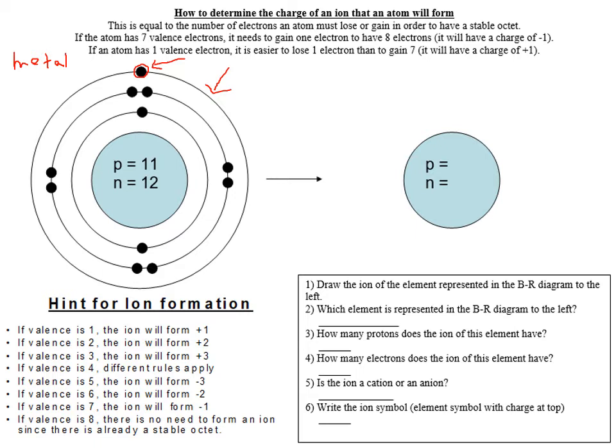So metals will lose an electron to become stable, to become like the noble gases. So proton number will stay the same. Neutron number stays the same. What we're doing now is we're drawing the sodium ion. Here's the first shell. I still have 2 electrons on that. Here's the second shell.